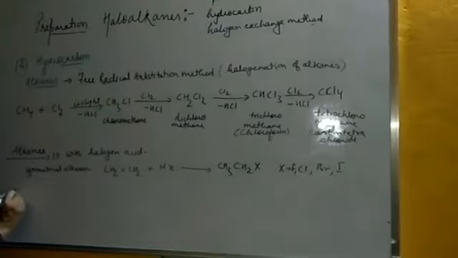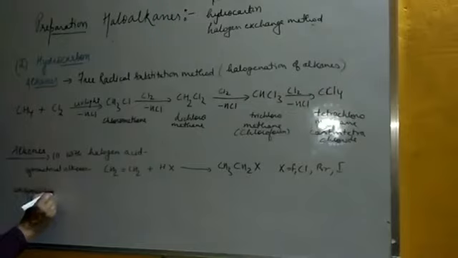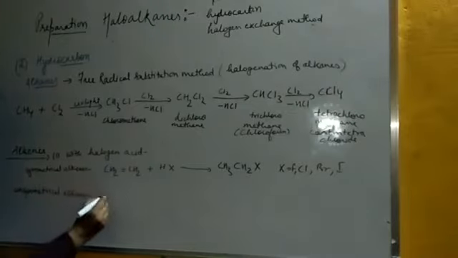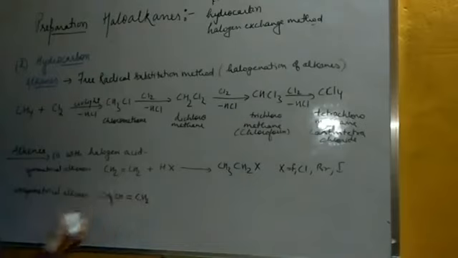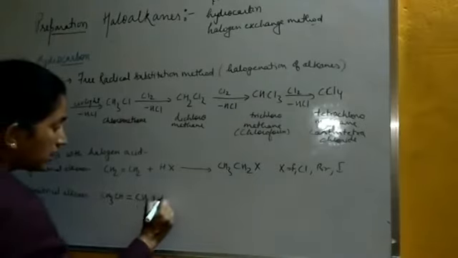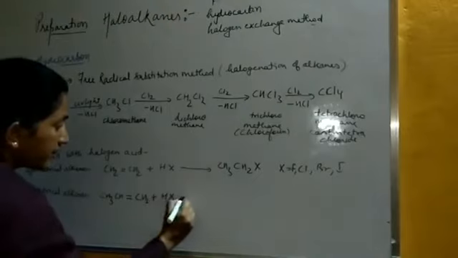Now student, if we have an unsymmetrical alkene, that time, the product, right, let it be X here.